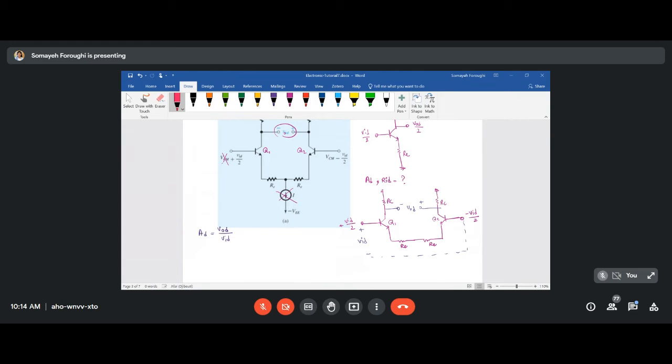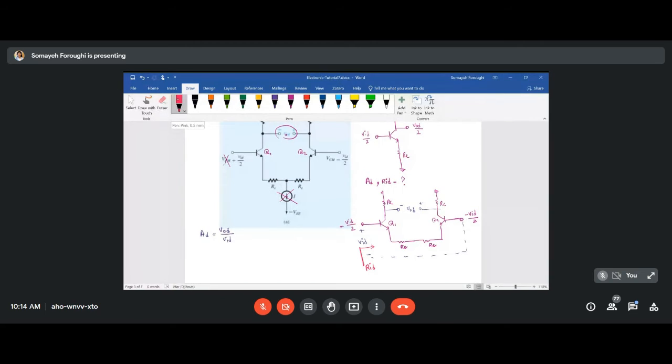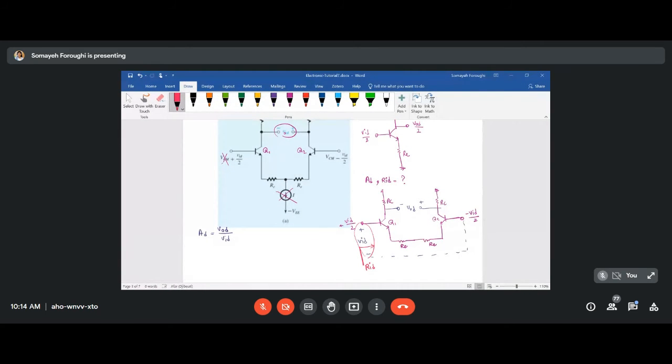And if you want to find your input resistance RID, the input resistance of your differential amplifier, you can say that the RID will be the voltage here over the current which will pass from this. Actually, it's like you are looking at this whole differential amplifier from the base of Q1.